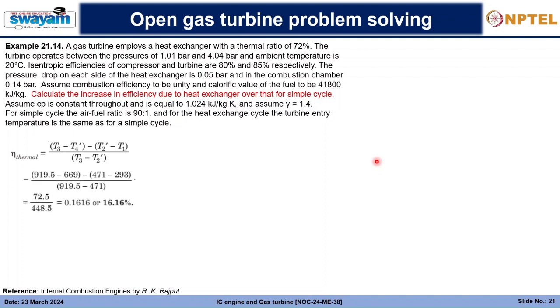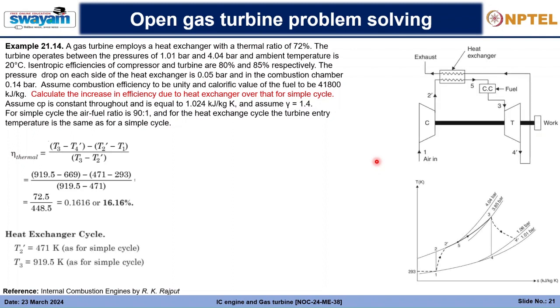Eventually we get the thermal efficiency as 16.16% for the simple cycle. Next, for the heat exchanger cycle, the thing gets a little bit different. So this will be a heat exchanger cycle.